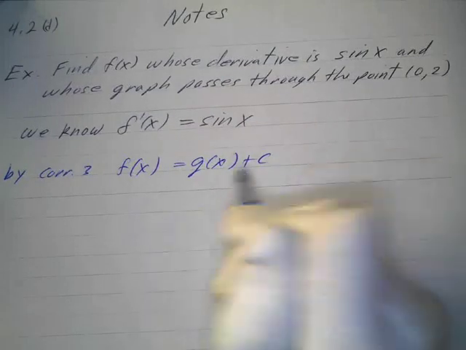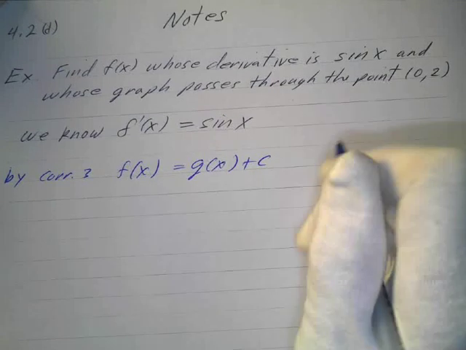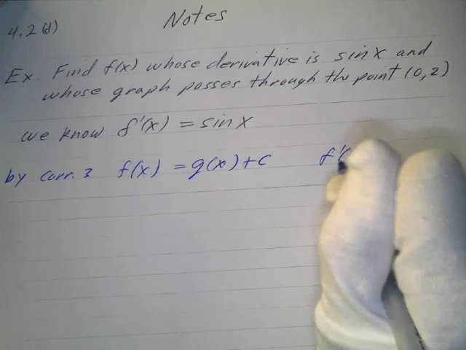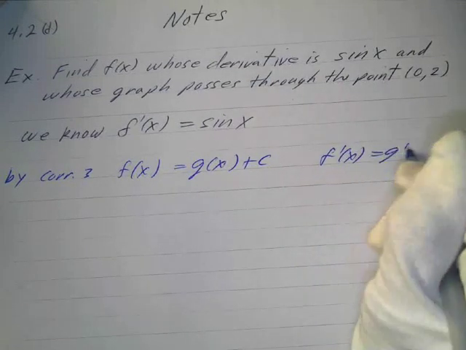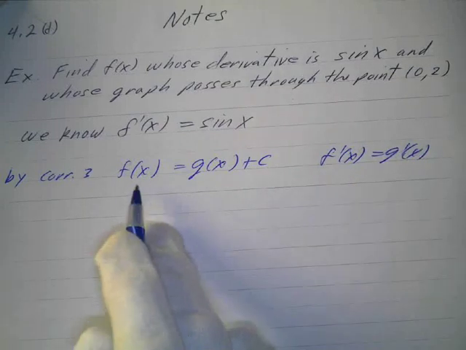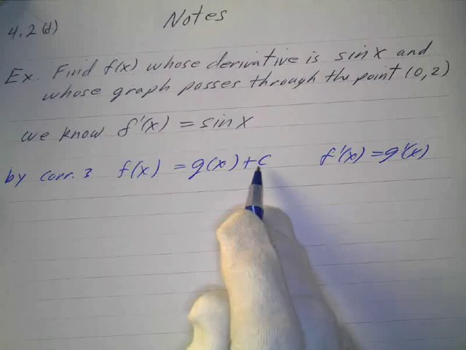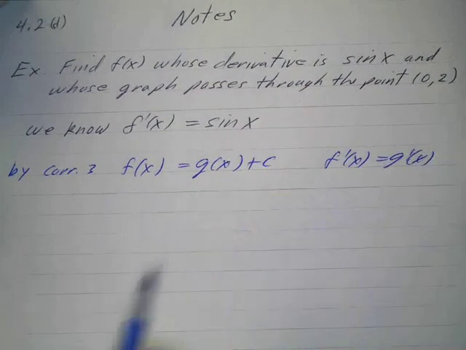In other words, this is some other function that has the same derivative, but they only differ by a constant. That is, f prime of x equals g prime of x. If you take the derivative of both sides, it's going to be f prime of x, this will be g prime of x, and the derivative of c will be 0. So that makes sense.